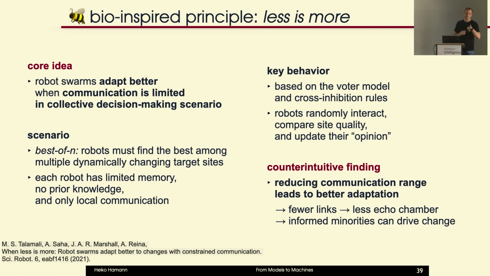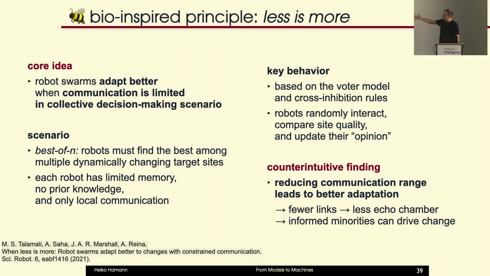We assume they don't have that knowledge, so they need to pick one, go there, explore, find out the quality, come back, communicate to others, and then over time communicate and agree on one of the options. And this might also be dynamic, so whatever was best yesterday might not be best today. In that sense, they have to adapt and reconsider their previous decision.